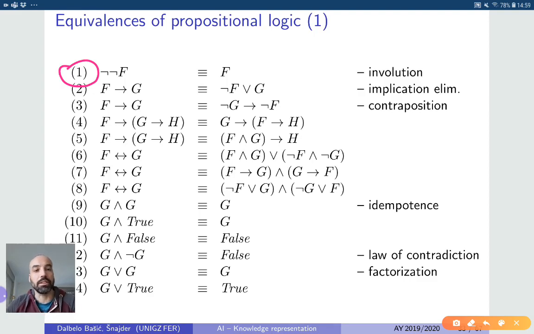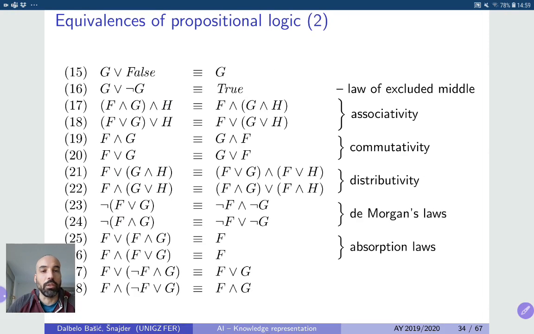For example, there is the intuitionistic logic or constructivist logic, in which basically equivalence number one, the involution, or the idea that double negation affirms, is not accepted. And as a consequence, everything else is slightly different in this kind of logic. For example, the law of excluded middle, number 16, is also not holding in that kind of logic.